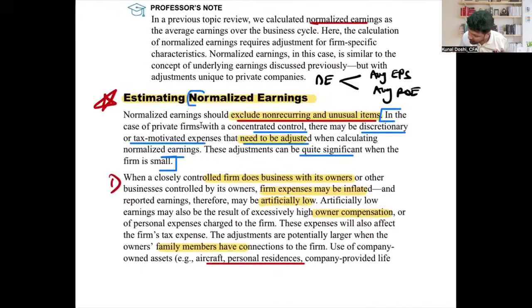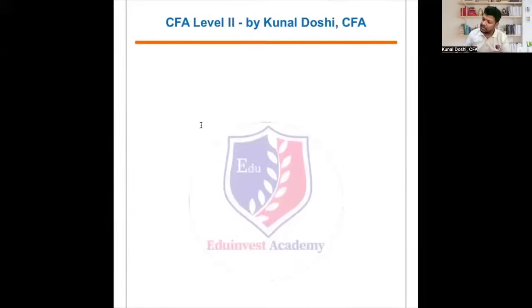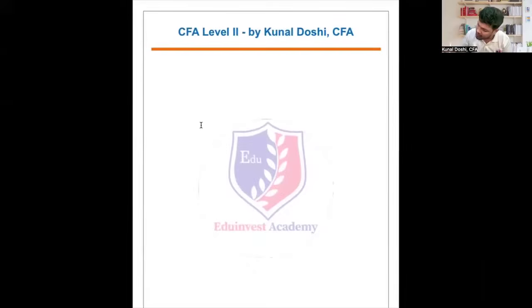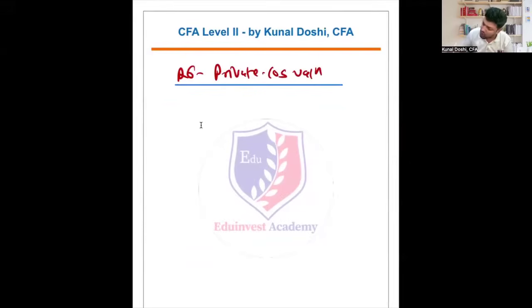Here we need to understand what is normalized earnings. Very important concept, right? We are in our reading number 6, private company valuation, where we are going to discuss normalized earnings. Now, this normalized earning is not the same as what we calculated before. This is also adjusted for some very interesting things.